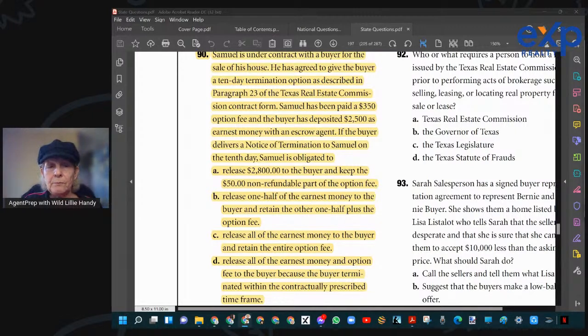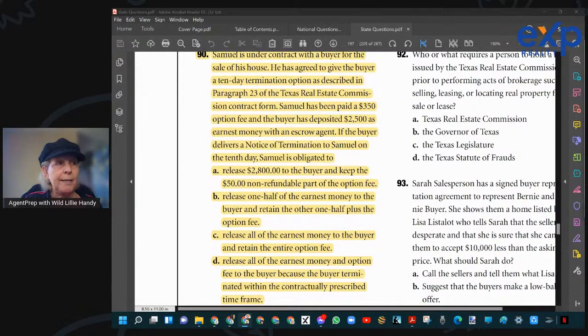Okay. So the answer is C, release all the earnest money to the buyer and retain the entire option fee, which was $350. And in this market, it's very typical to pay $10 per day. But in this market, some buyers are paying thousands of dollars, okay, to have that option period to do inspections.